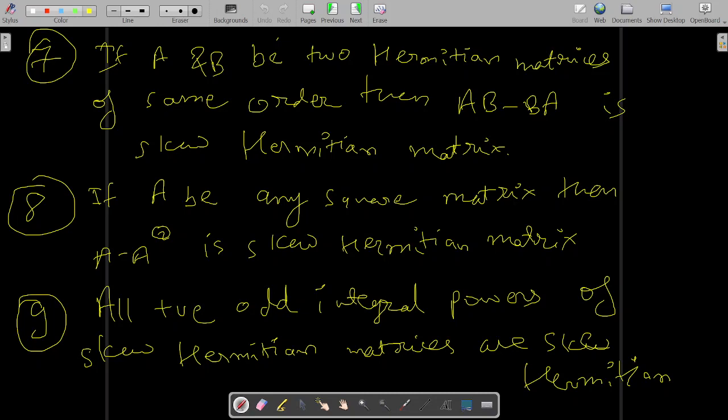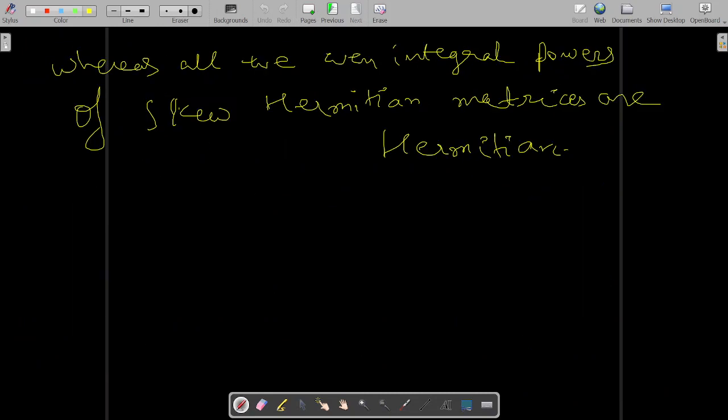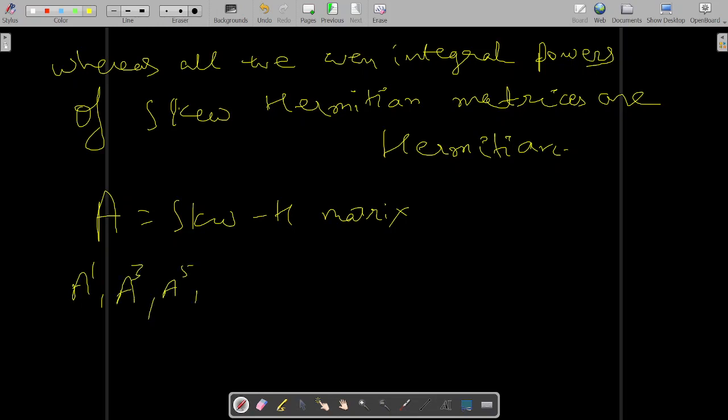So suppose A is a skew Hermitian matrix, then A to the power 1, A to the power 3, 5, 7, 9, 11, etc. are skew Hermitian.